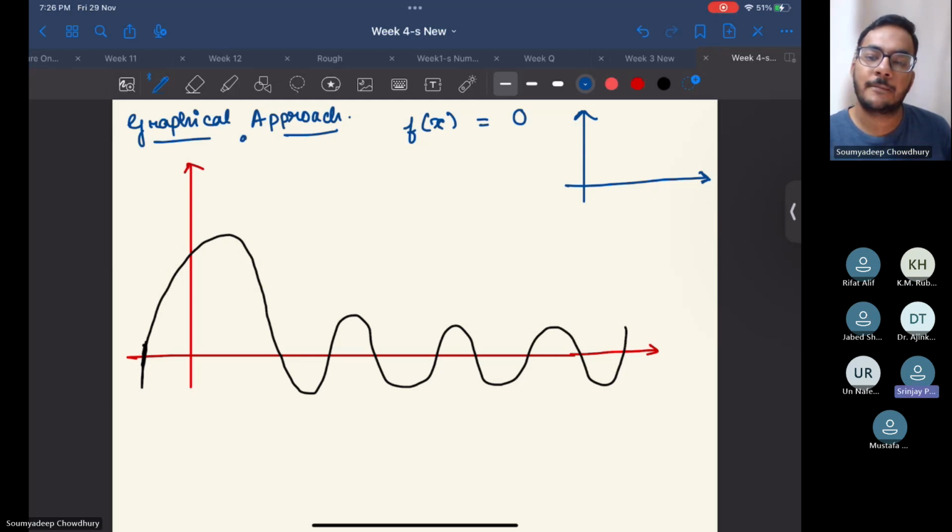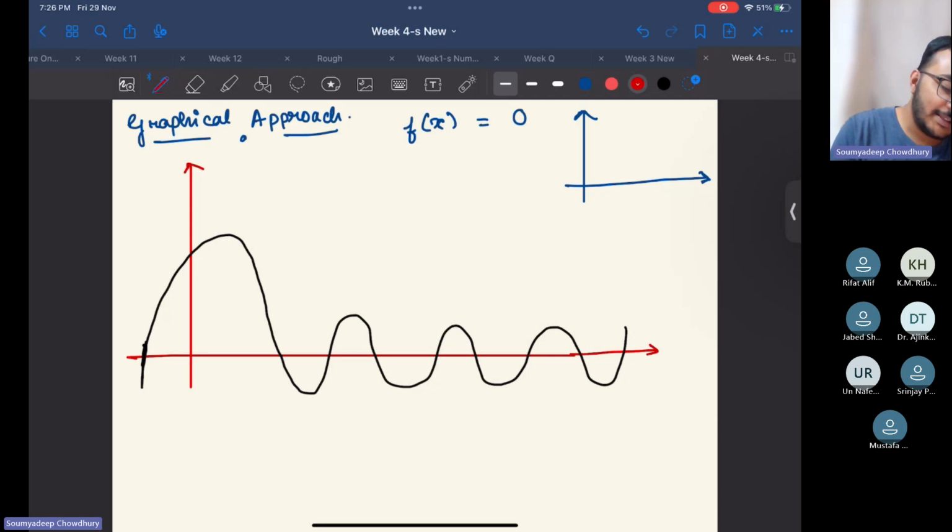It will be a line parallel to the x-axis. x equals 0, I am telling, right? It is neither a line parallel to the x-axis nor a line parallel to the y-axis. It is the x-axis itself, because along the x-axis we have x equals 0, right?